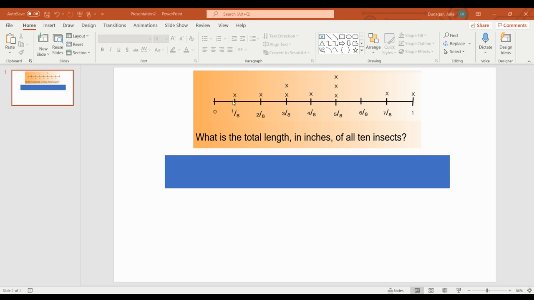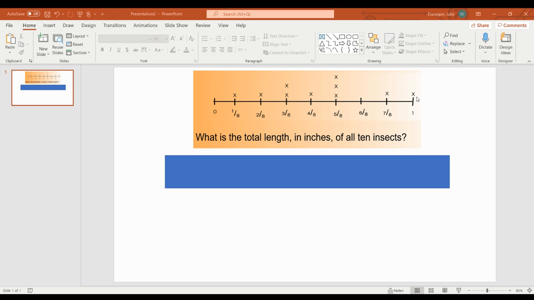Well, we have one insect at 1/8 of an inch, one at 2/8, two insects at 3/8, one at 4/8, three that are 5/8 inches long, one that is 7/8, and one that is a whole inch long.